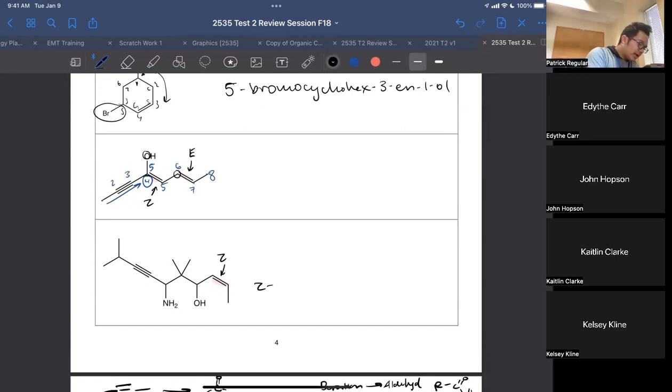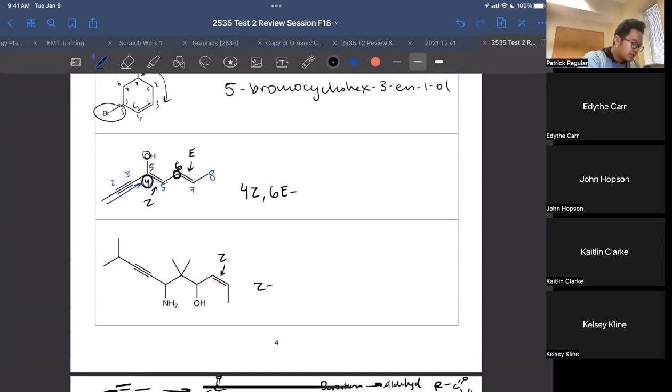If our first alkene starts at 4 and it's Z, that's 4Z. Our second one is E, and it starts at the sixth carbon, 6E. That's all we have to do, and now we can number it normally.